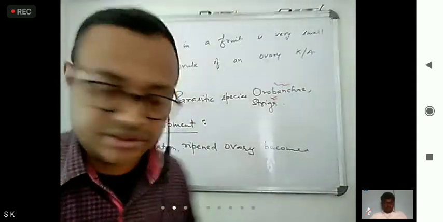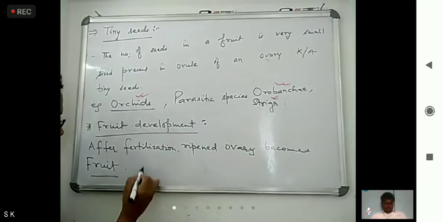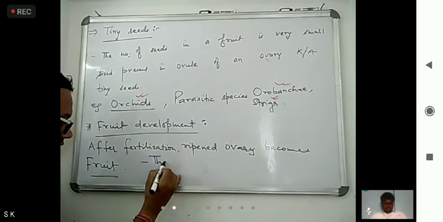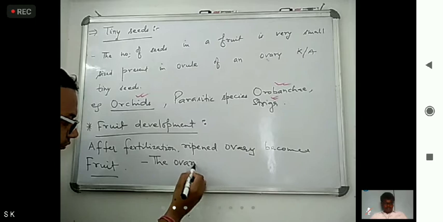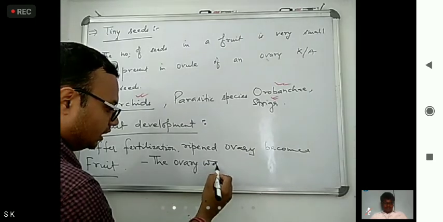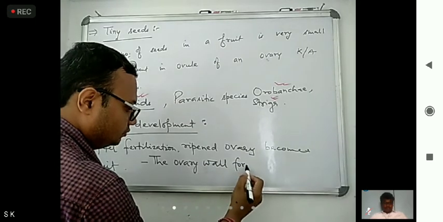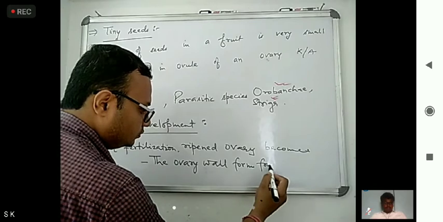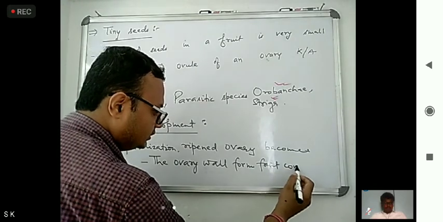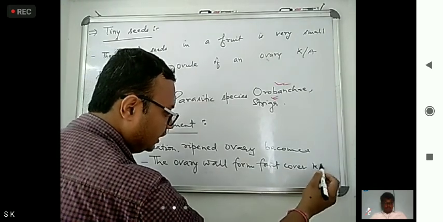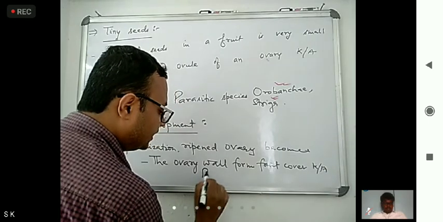Now, the ovary wall forms the fruit cover, known as pericarp.